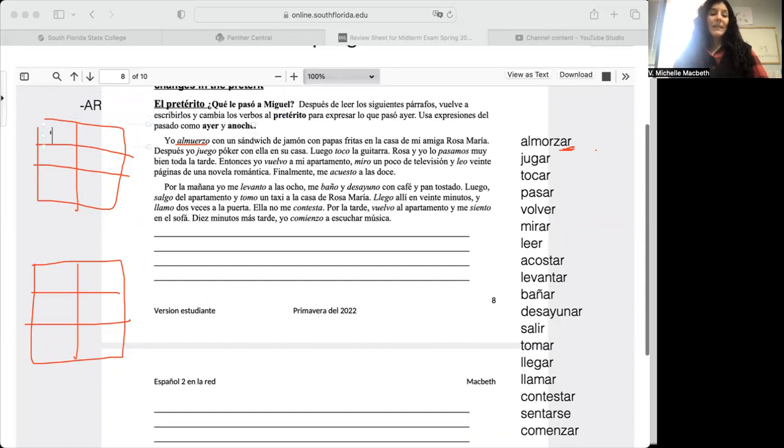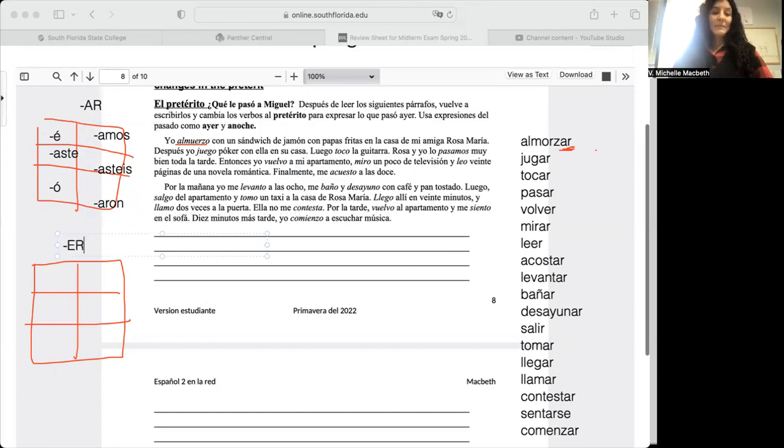It's going to be, remember, accent marks always, aste, o, and then we're going to have amos, astéis, and then we're going to have aron. Okay, so then let's do ER and IR here.